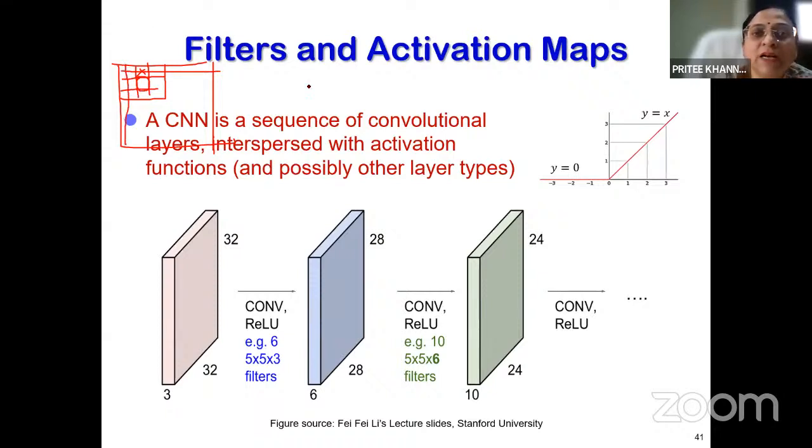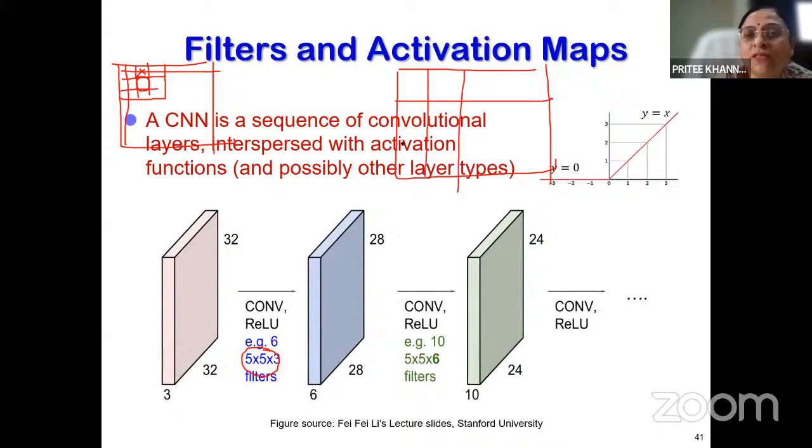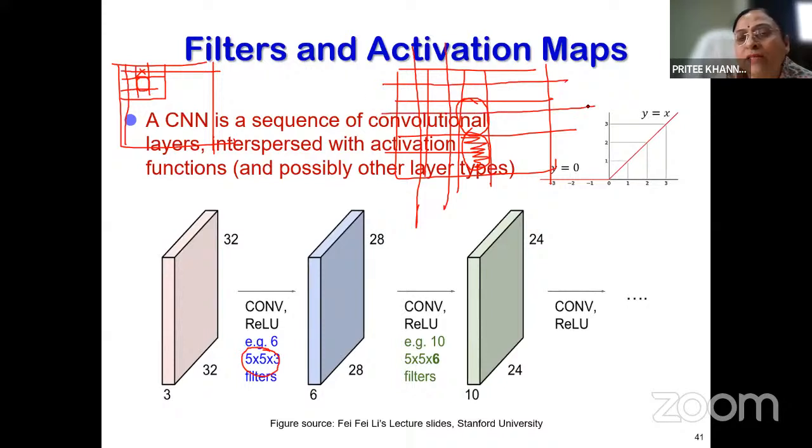Similarly, with a 5x5 filter, the first pixel where you are able to place the center is this one. It means that two columns on the left and two rows on the top are not participating.